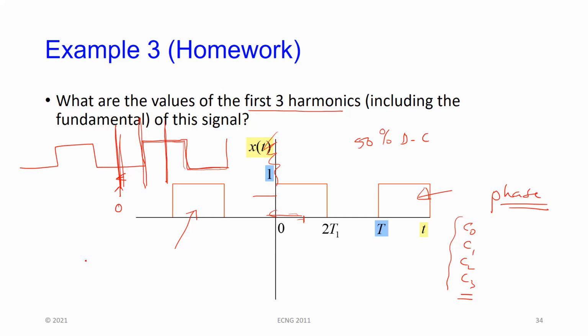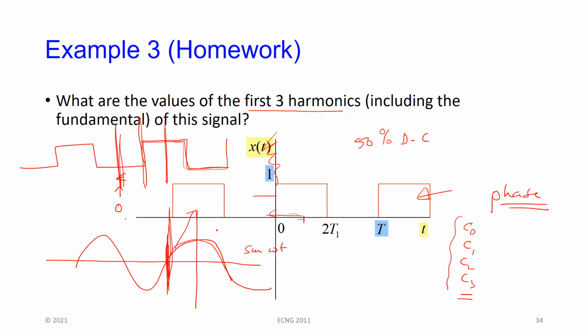So it's kind of like you take a sinusoid, right? If this is a sinusoid by itself, and I start looking at the sinusoid at this point right here where it crosses zero, this is sine omega t. If I started to look at the sinusoid here, this is cosine omega t, right?